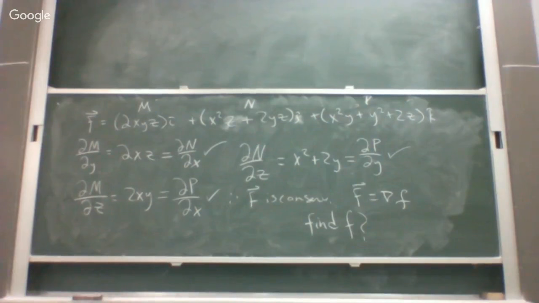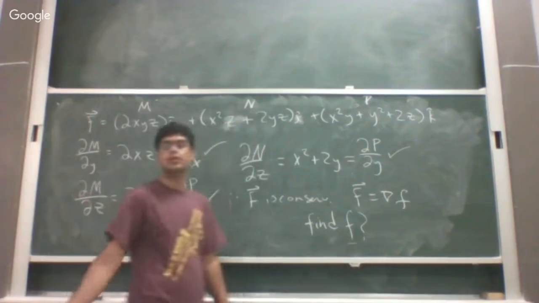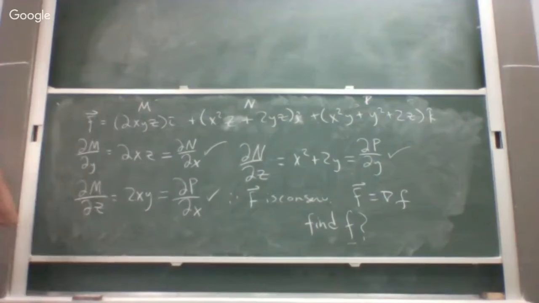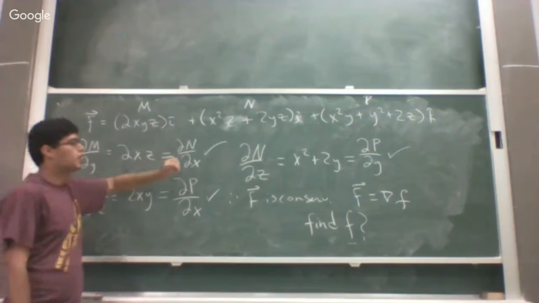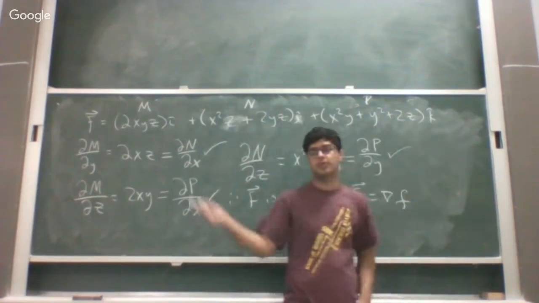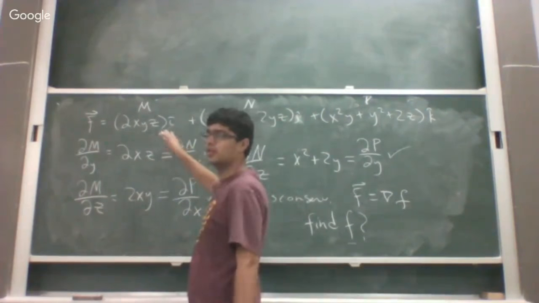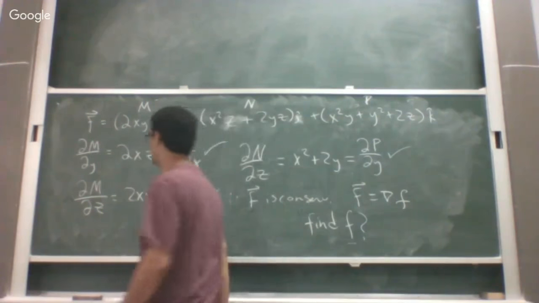So the end goal is actually to find the function f, but to find it we need to show that the vector f is conservative. So we have m, which is always in front of i, n, which is always in front of j, and p, which is in front of k. So you have to make sure your m is in front of i. If I put the j term here first, that's not your m.